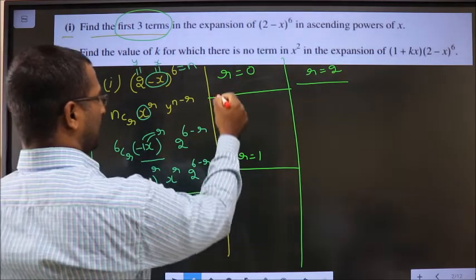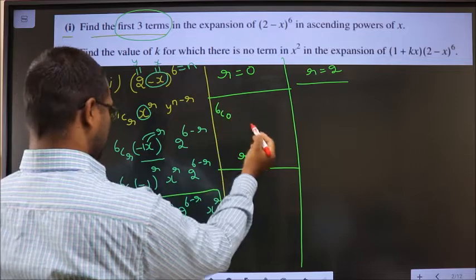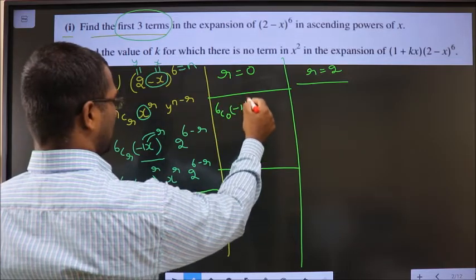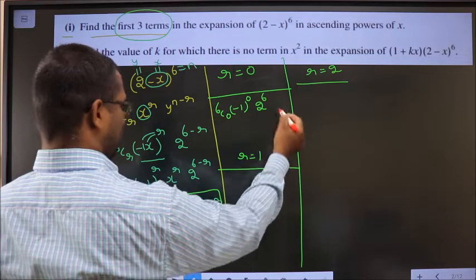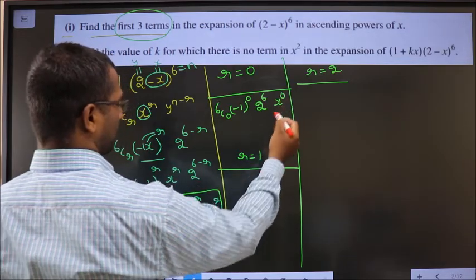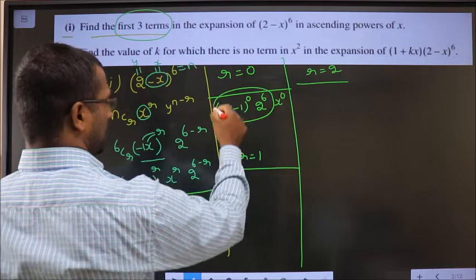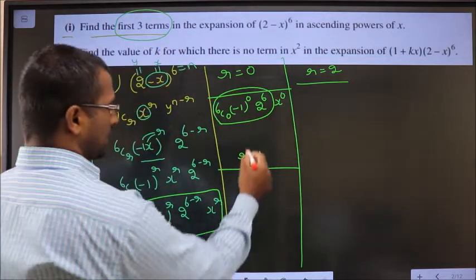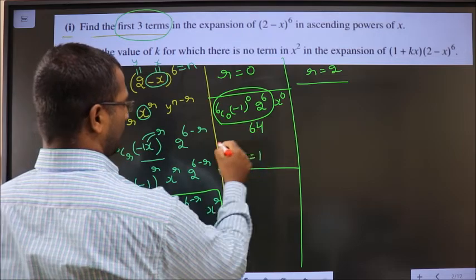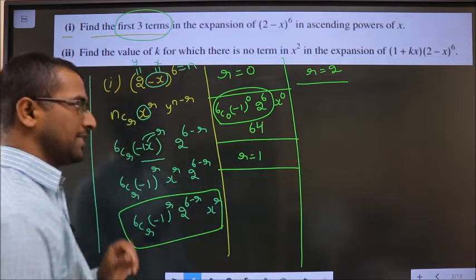Now, replace r equal to 0 in this. So what do I get? 6C0 minus 1 power 0, 2 power 6 minus 0 is 6, and x power 0. If you put this in the calculator, you get the answer to be 64. So your first term is 64.